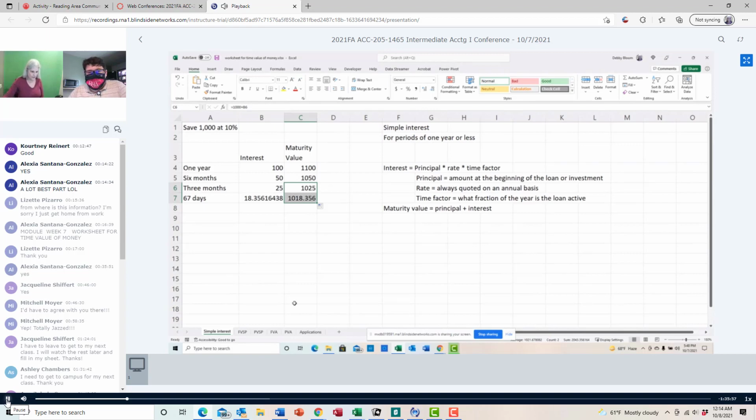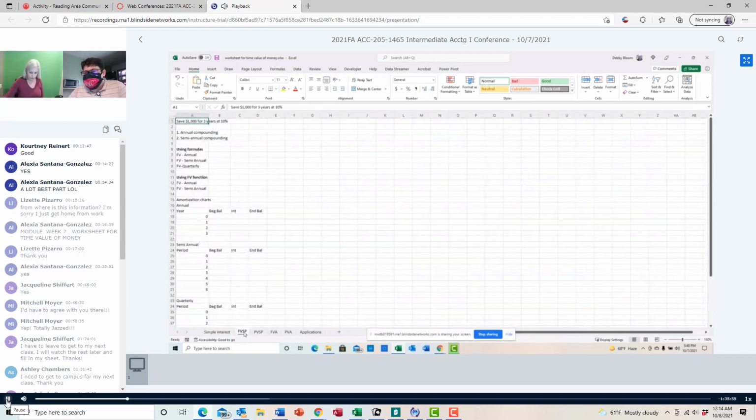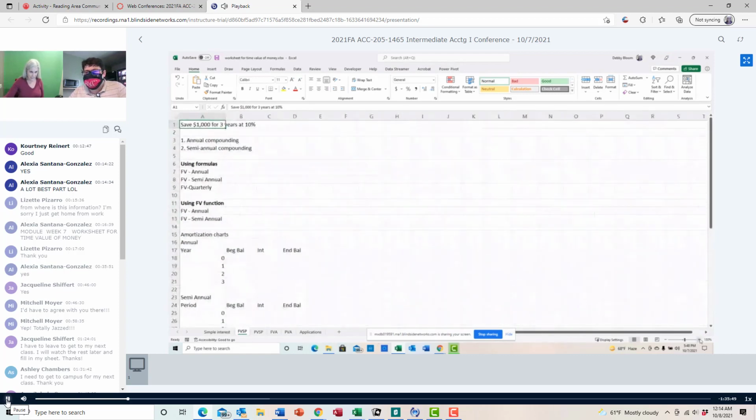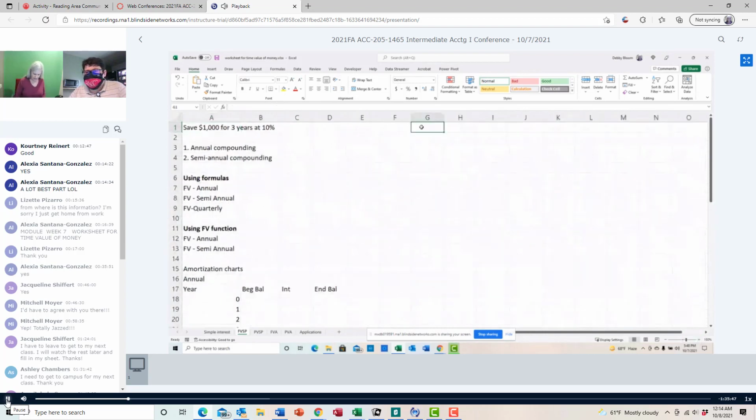So I'm just going to click over here to future value of a single payment, and I'm just going to use Excel for note-taking for just a moment. Now, once we get into periods of above 1 year, we get into something called compounding.